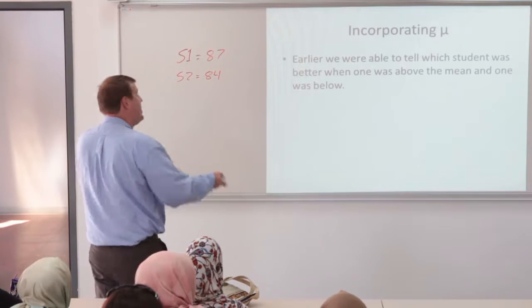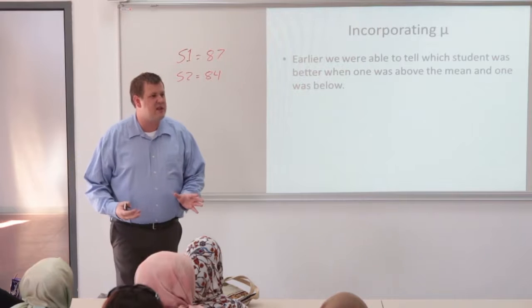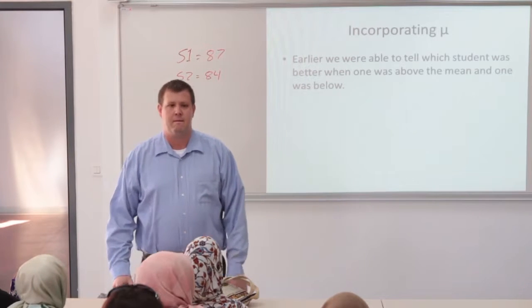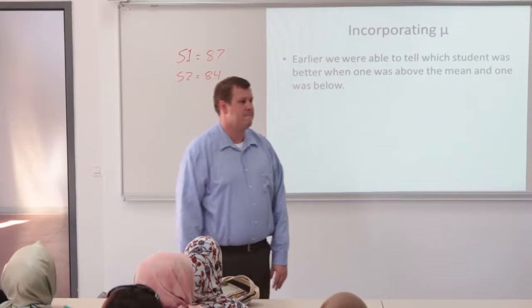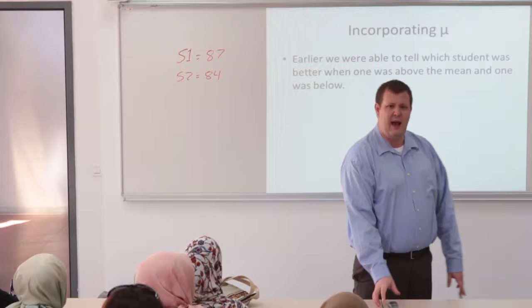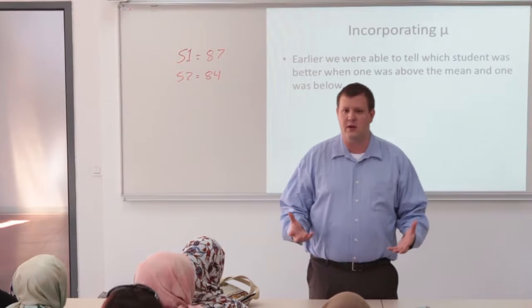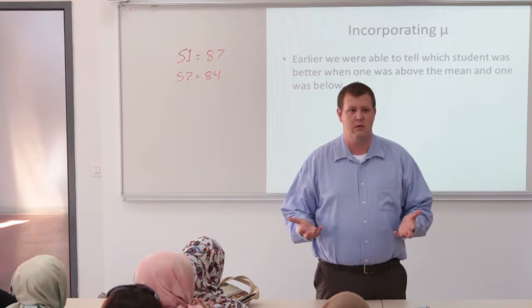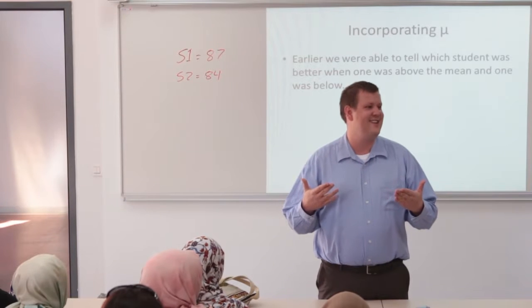So how can we incorporate the mean? How can we create some score that tells us whether the student is above or below the mean? So we have some score, we have a mean, we want to know if the score is above or below that mean. What can we do? I mean, we could just look, right?